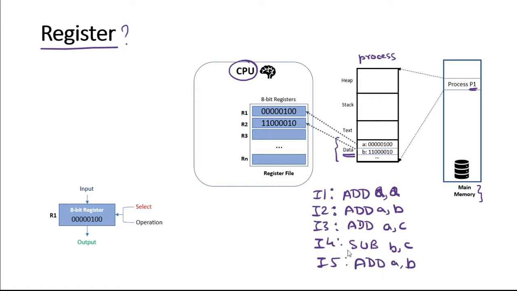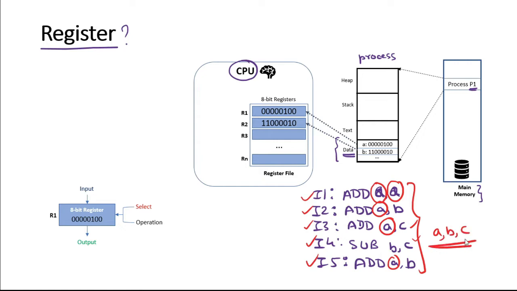Now there is one thing that you should observe. We are using a multiple times here. We are using b multiple times as well, and c too. So the instructions might use the same variables multiple times, a, b, c.